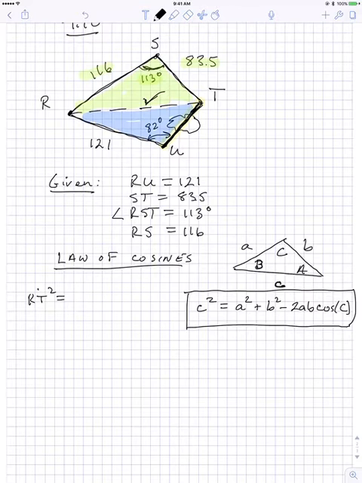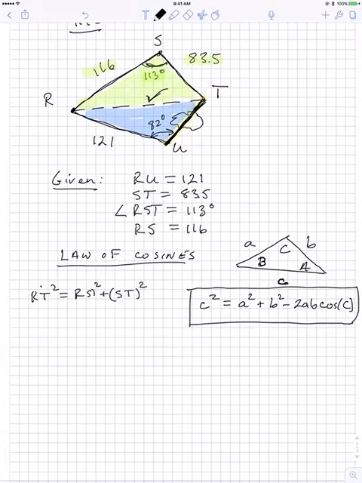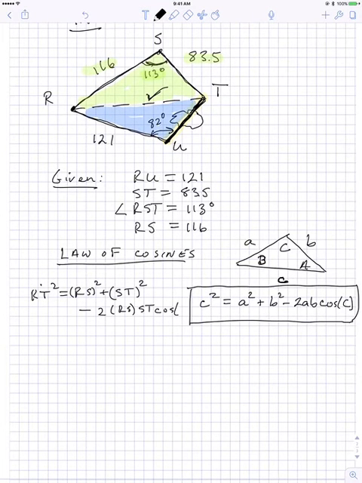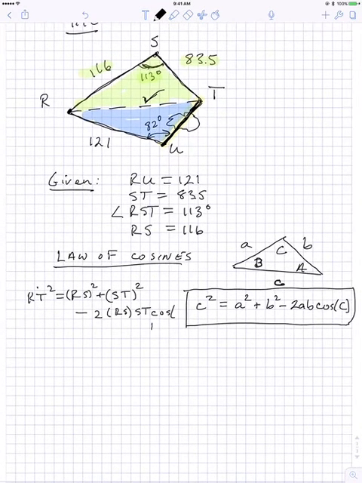RT squared is RS squared plus ST squared minus 2 RS ST cosine of the angle RST.